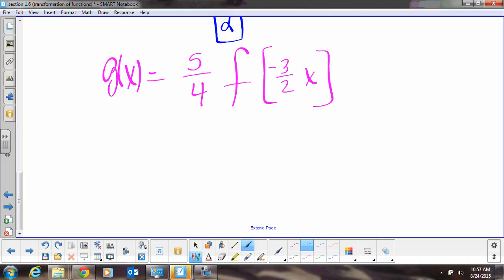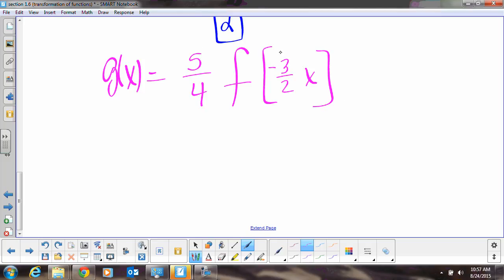So what does the 5/4 do, Kyle? I tried to trick you. How did I try to trick you? Well, he tried to make it a fraction, so we would think it would be between 0 and 1. Yeah, I did, and he didn't fall for it, did he? Okay, this is a vertical stretch because 5/4 is bigger than 1, by a factor of 5/4.